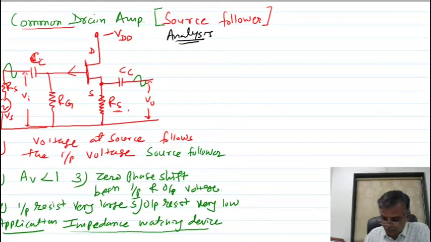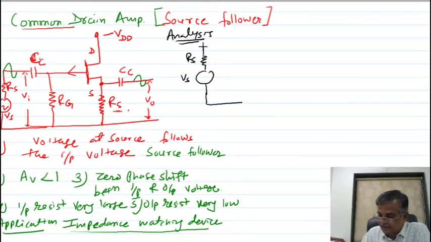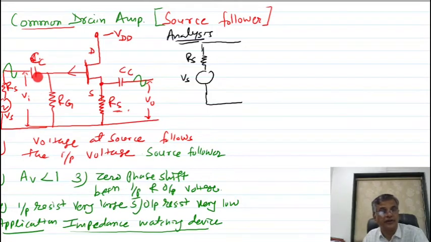This is the resistance of the input signal, this is your Vs. This coupling capacitor offers very low reactance at the signal frequency at which you are operating this circuit, so it does not affect the input. So I am neglecting it here.